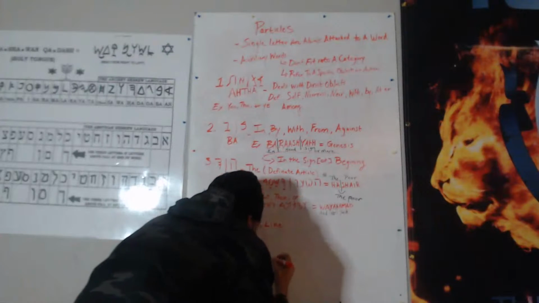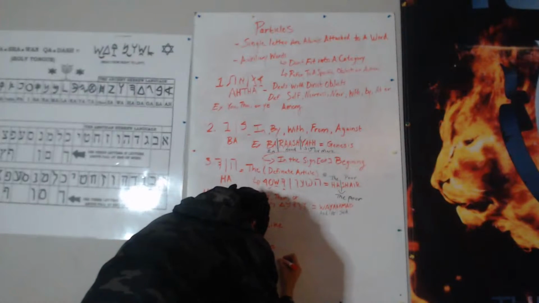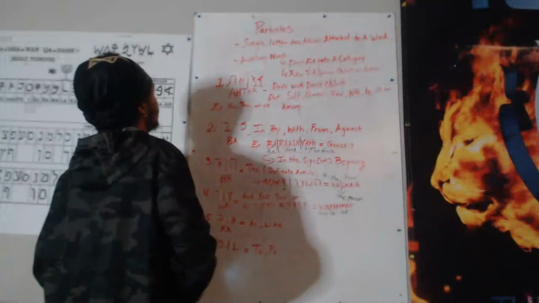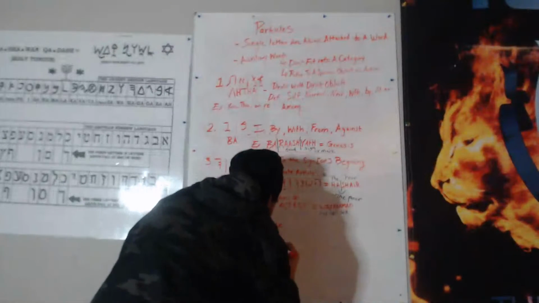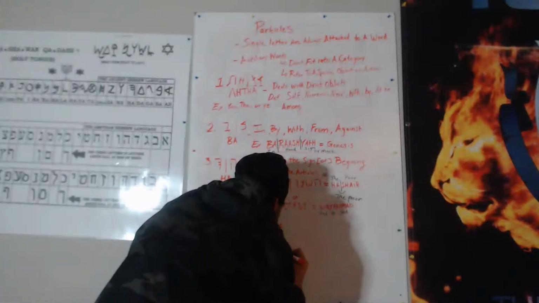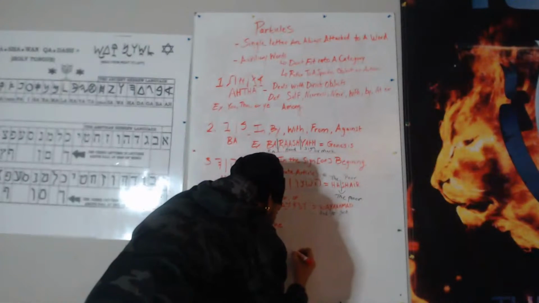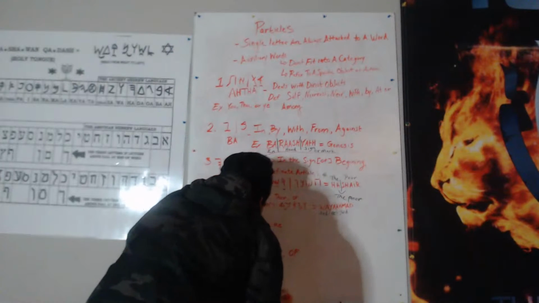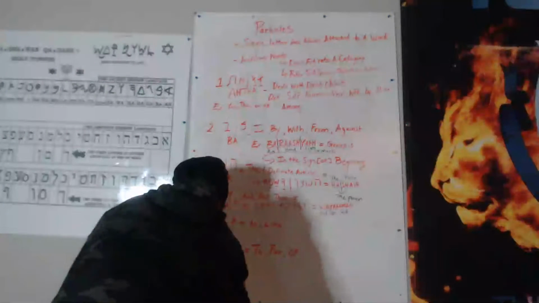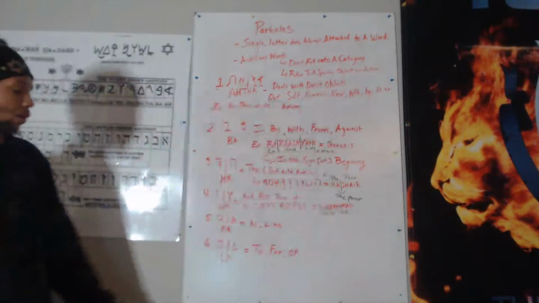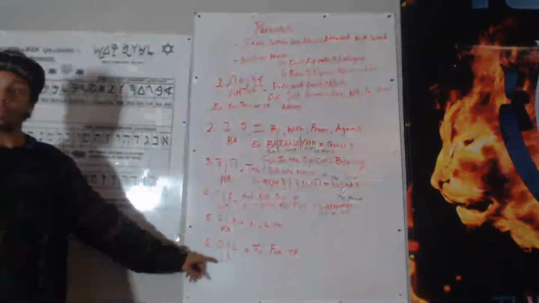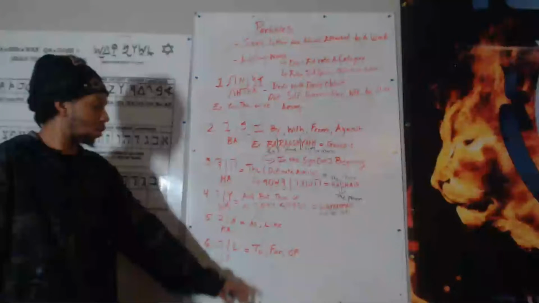All right. 2, 4. All right. Almost done with this one. All right. Next one that we have is what? All right. 2, 4. All right.